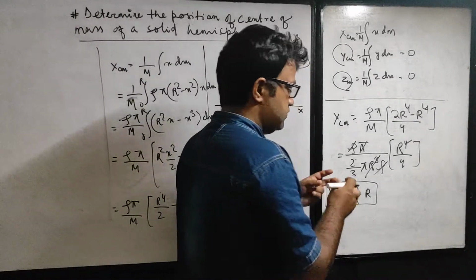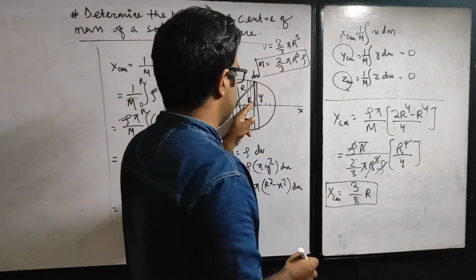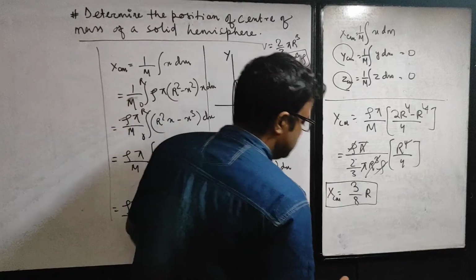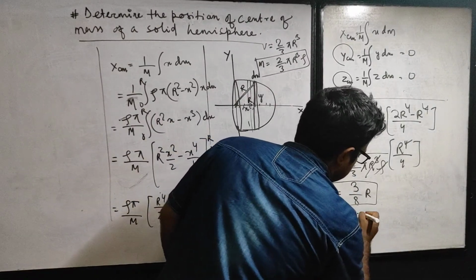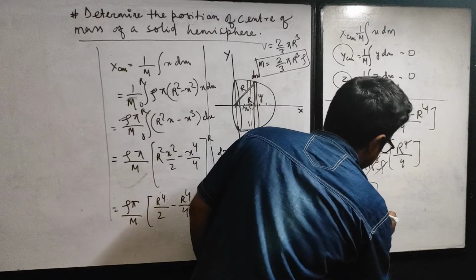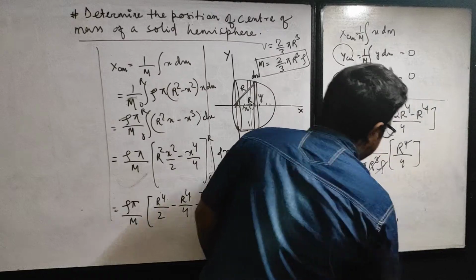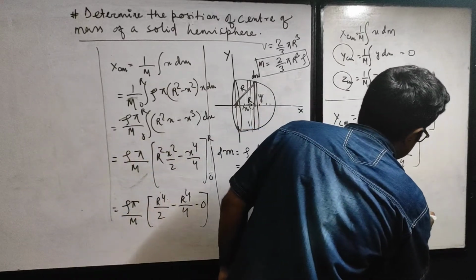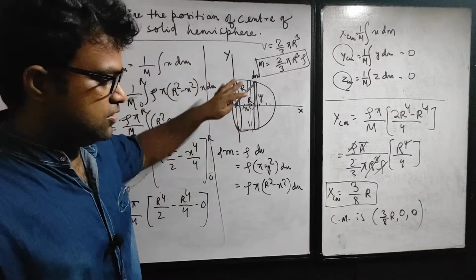So if you want to write the coordinates of this point, the center of mass is 3 by 8 r as the x coordinate, y coordinate 0, and z coordinate of course 0. So this is the center of mass for your hemisphere.